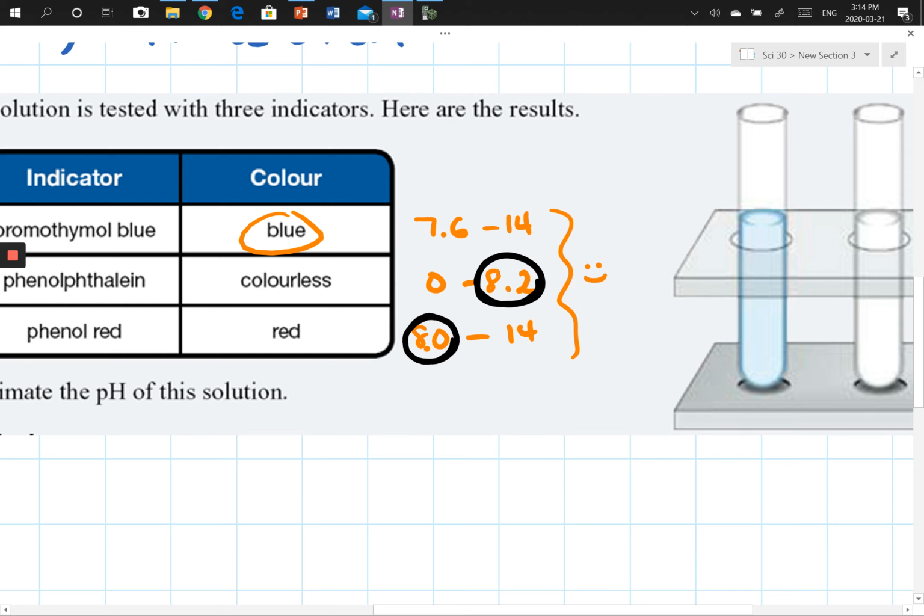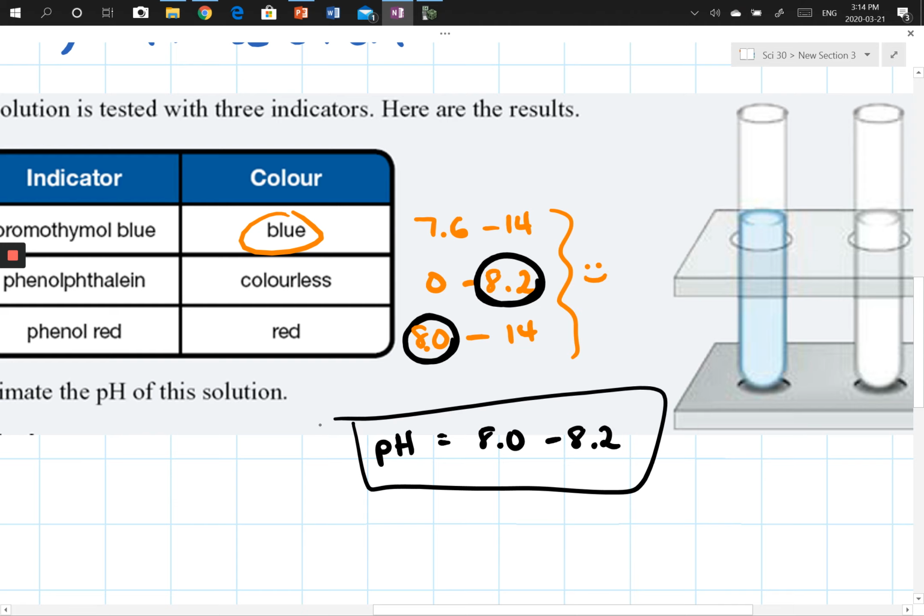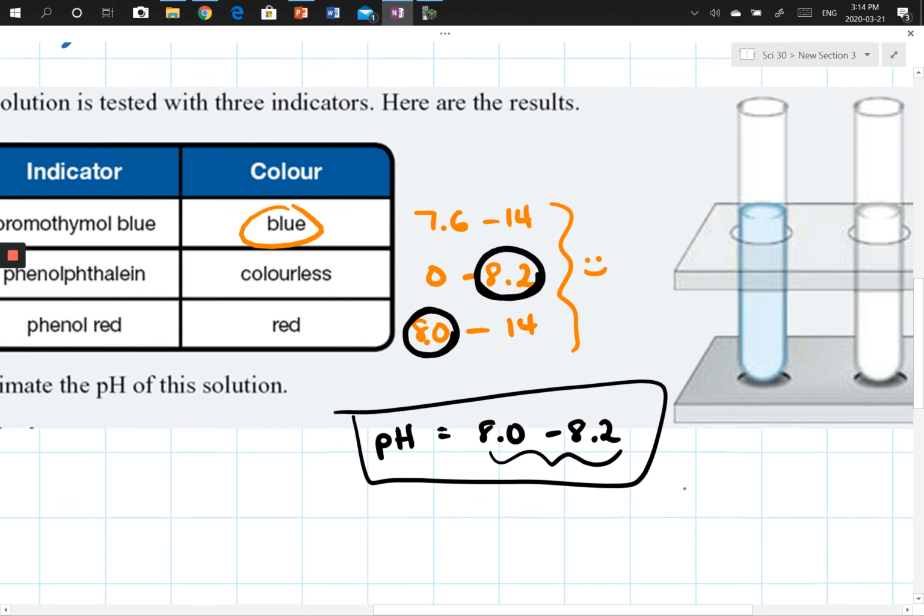So for all of these to be true, my pH has to be between 8.0 and 8.2. That's the only possibility, and that's how we do those problems. Now if I were asked to estimate the pH, I would find the average of these. If I wanted one number, it would be 8.1.